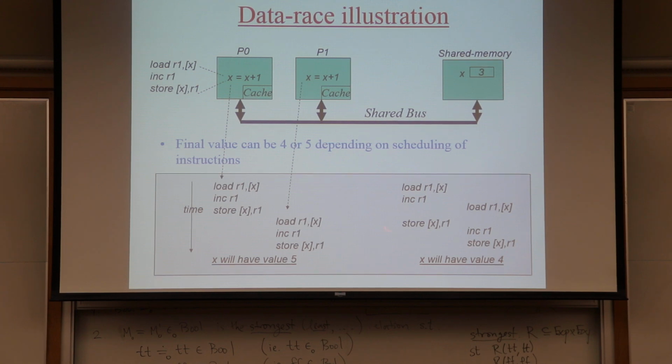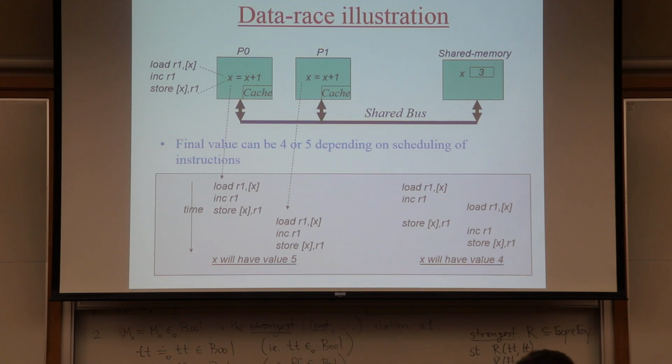However, notice that these instructions could be interleaved in time in this order. So you do a load, an increment. Meanwhile, this guy does a load into his register, and then this guy does a store, this guy does his store, and you notice that x will have the final value of 4, because both of them have read the old value. Data race, big problem.